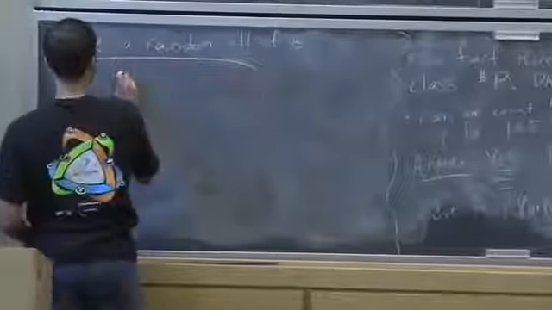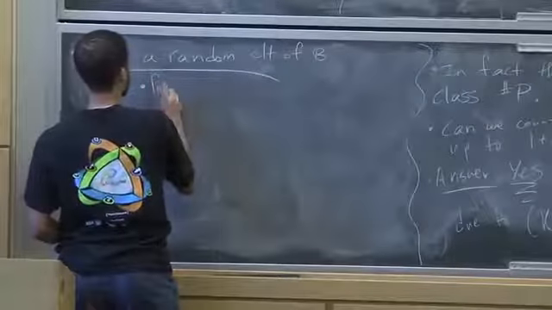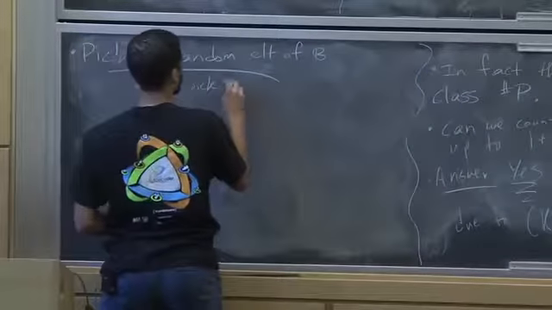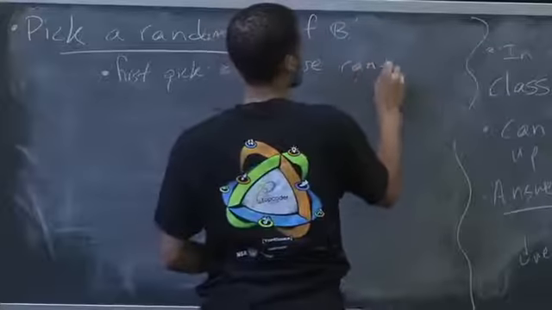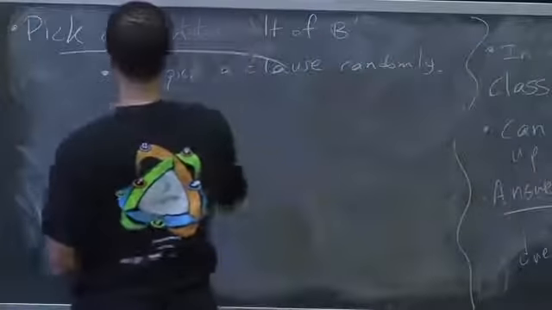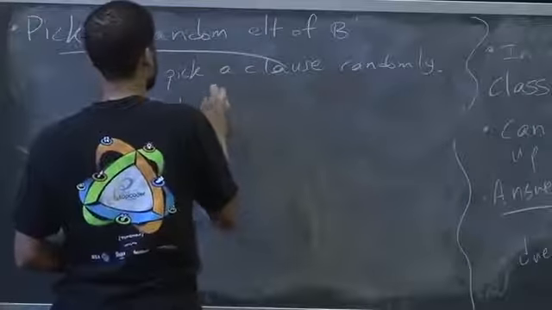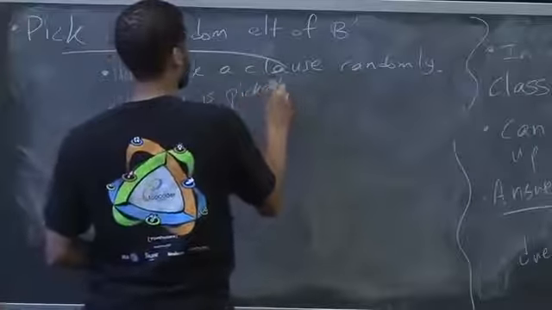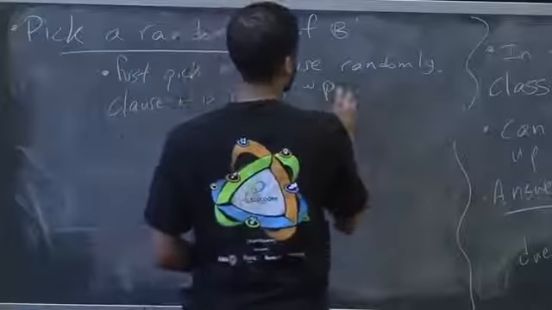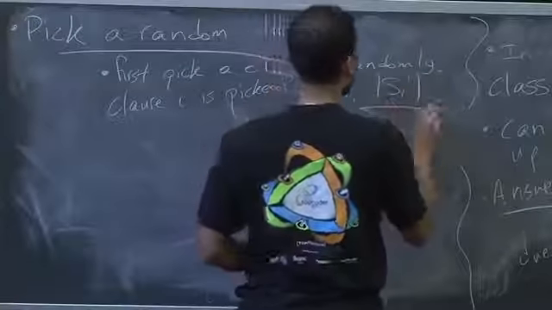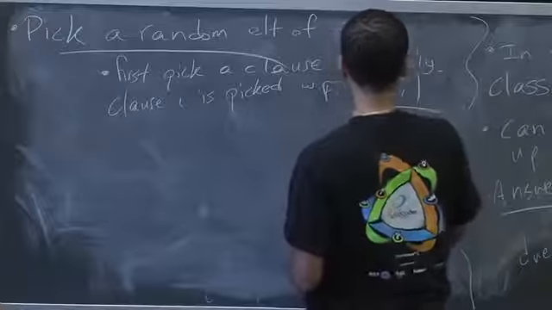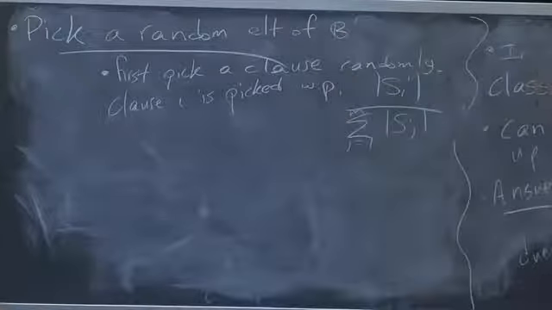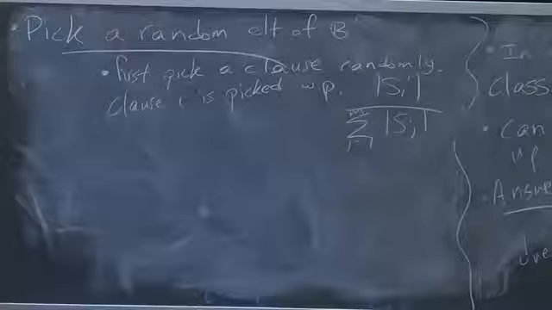So the point is, what are we going to do? We'll first pick a clause i randomly, where the distribution is as follows. Clause i is picked with probability the number of assignments it has over the sum j from 1 to m of size of S_j. So not uniformly, but according to this distribution.